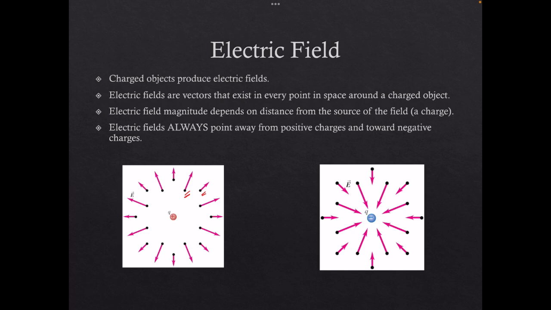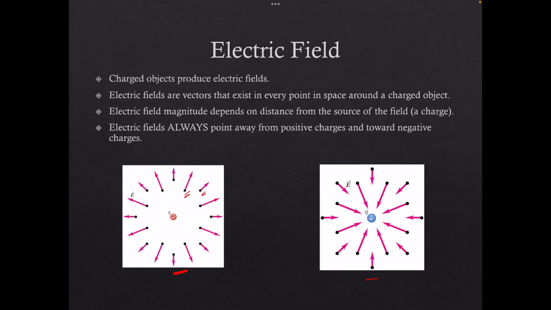You can see how the length of that vector is large when close to Q and smaller when farther away from Q. The other thing you may notice from these two images here is that electric field lines always point away from positive charges and toward negative charges. This is the rule, the convention that has been established for hundreds of years.